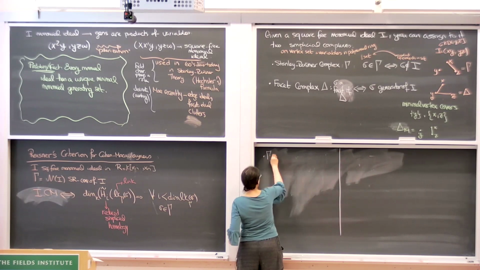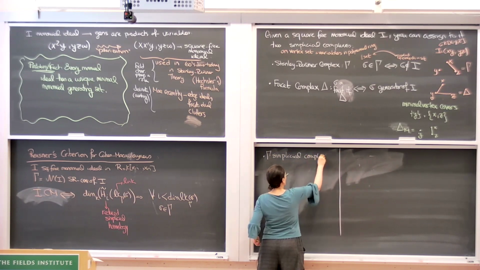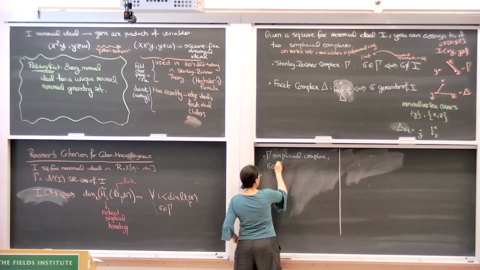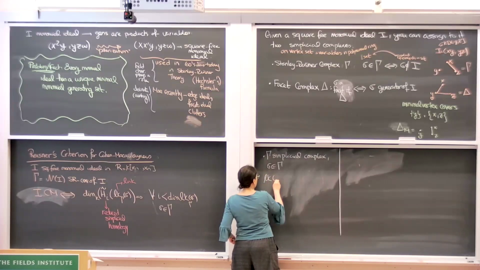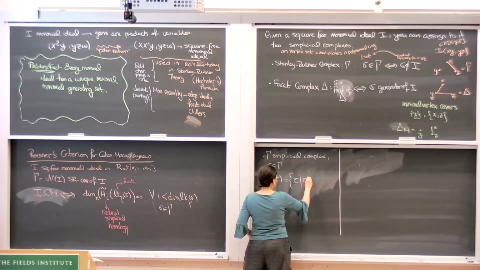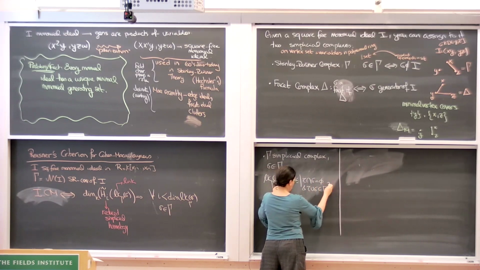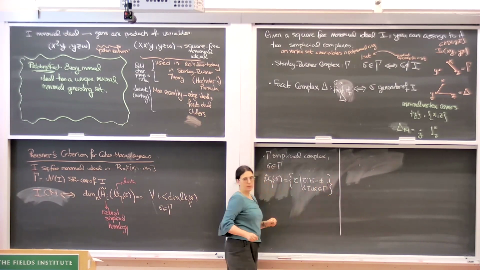So if gamma is a simplicial complex, and sigma is a face of gamma, the link of sigma in gamma is going to be all other faces whose intersection with sigma is empty and whose union with sigma is in gamma. That's all it is.